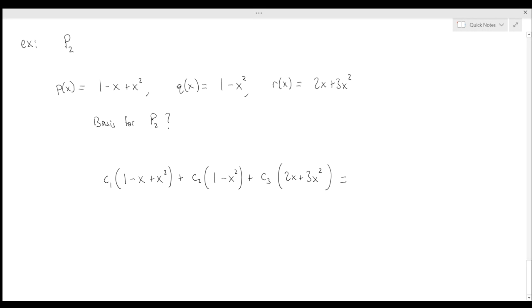And so if I were to check for independence, then I would set this combination equal to the 0 polynomial. And then I'd try to solve for c1, c2, c3. So this would be for independence.